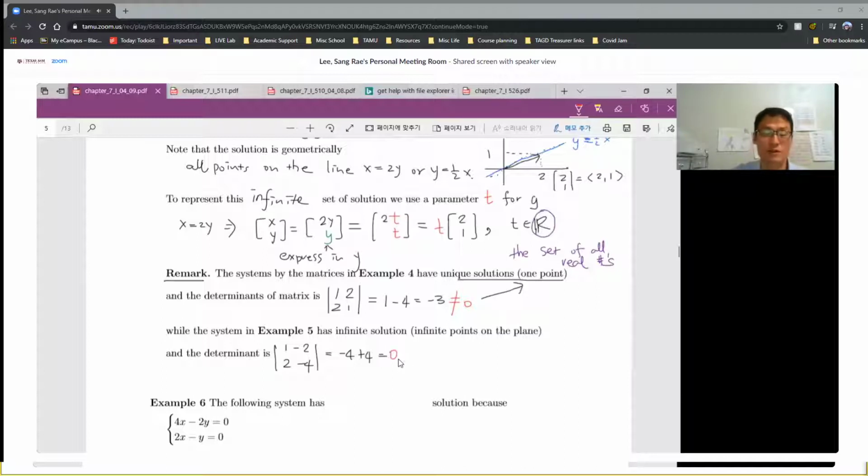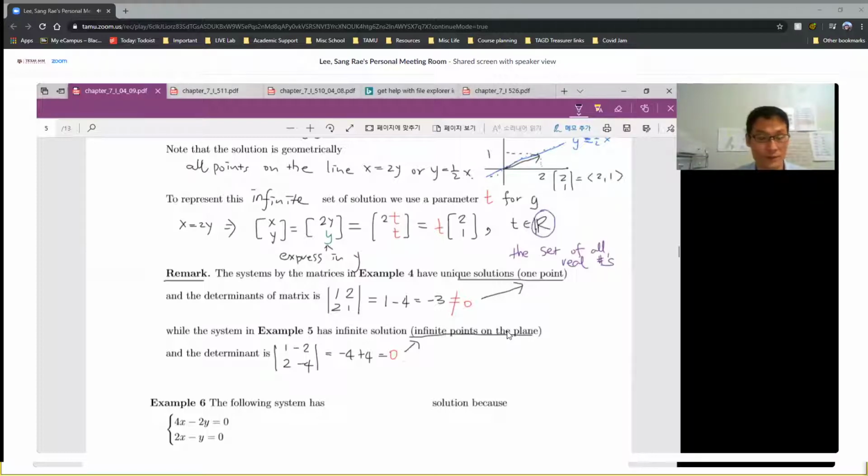So there is quite a clear dichotomy, some clear difference between matrices with zero determinant and non-zero determinant. Whenever your matrix has zero determinant, the corresponding system of linear equations will always give you infinite solutions on the plane, or in the space.